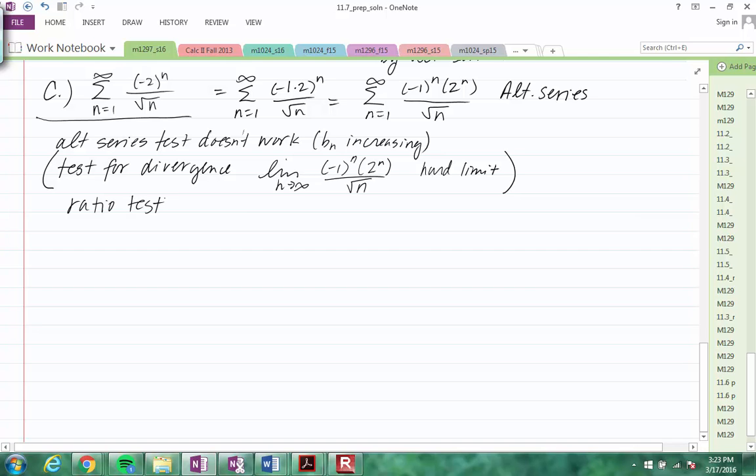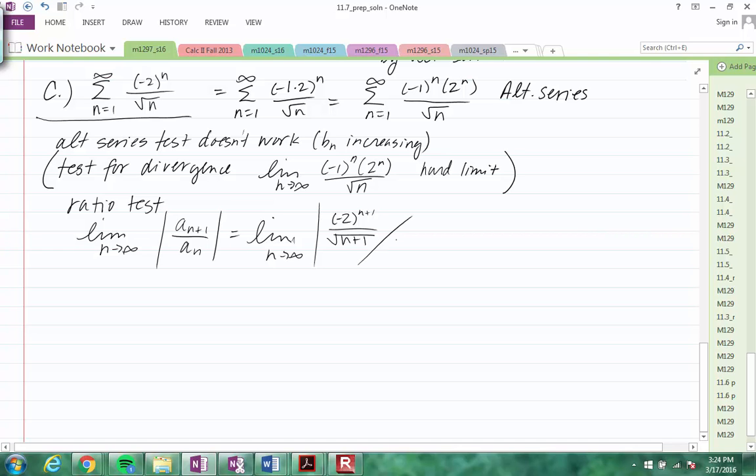And let's see what happens there. The ratio test involves taking the limit as n goes to infinity of the absolute value of the ratio of a sub n plus 1 over a sub n. So writing that out, our a sub n plus 1 is negative 2 to the n plus 1 over square root of n plus 1.